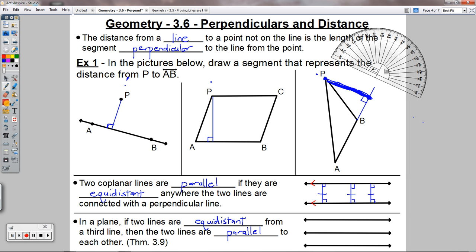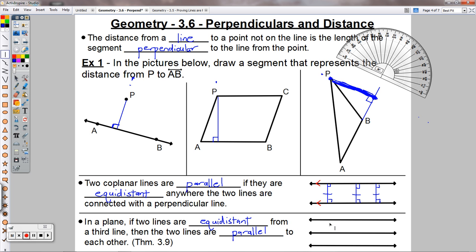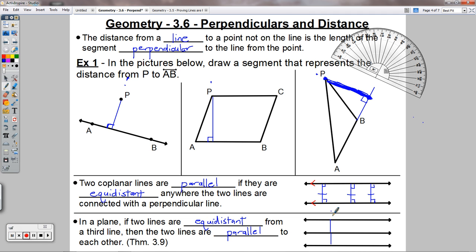So what's that mean in the context of a picture? I'm saying that if they're equidistant here and here, so if these distances are the same, so in other words, we're saying they're perpendicular and congruent, if that's the same here as it is to here, they're perpendicular, they're equidistant from a third line.